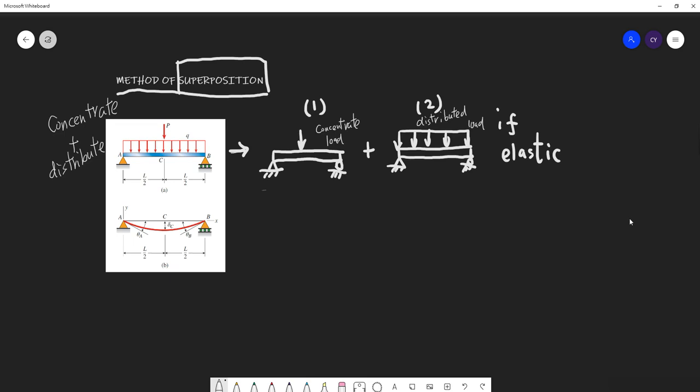So in this case, we will calculate delta C1 is equal to PL^3 over 48EI, and delta C2 should be equal to 5QL^4 over 384EI.